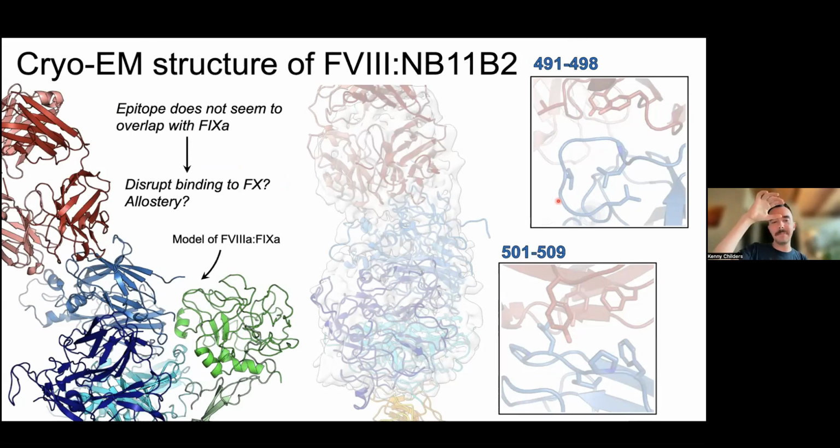Somehow this antibody is going to bind to a region of factor VIII that isn't where factor IX is binding, and somehow, possibly through allostery or maybe disrupting the factor X binding site, it's going to inhibit the intrinsic tenase complex activity. So that's sort of our idea of the mechanism, how this antibody is working. We don't really have a thorough understanding of that quite yet.